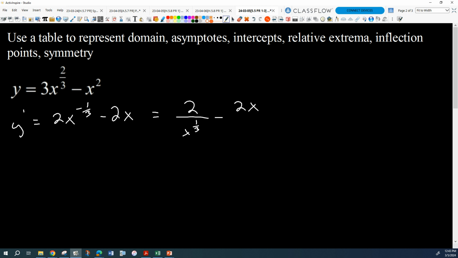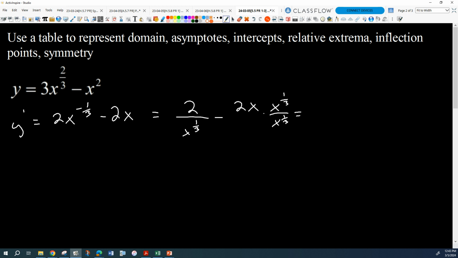Remember how we do that? Critical numbers where the derivative equals 0, we get from the numerator. Places where the derivative is undefined, we get from the denominator. So what would we have to multiply top and bottom by here? x to the 1/3. Good, so we're going to multiply by x to the 1/3 over x to the 1/3.